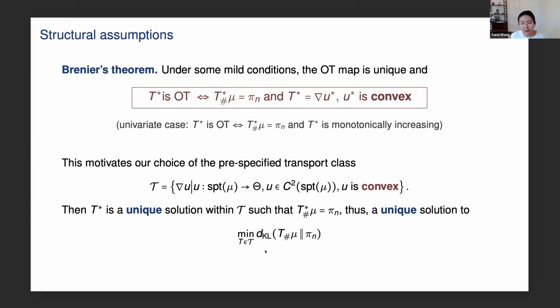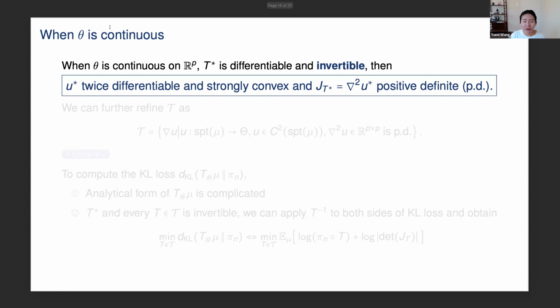So we are considering a constrained optimization program now. And when you have a continuous theta, you have even nicer properties. Your OT map will be differentiable and invertible. And the U star, which we often refer to as the optimal potential function, will be twice differentiable and strongly convex with a positive definite Jacobian matrix.